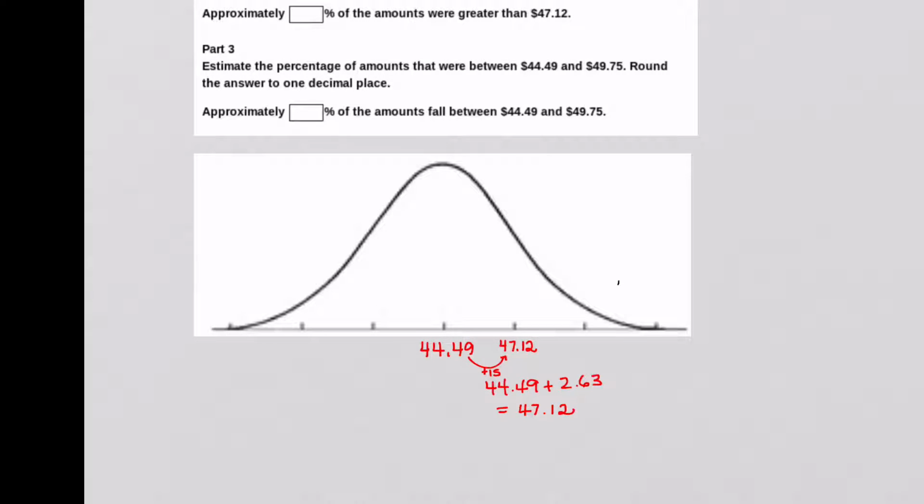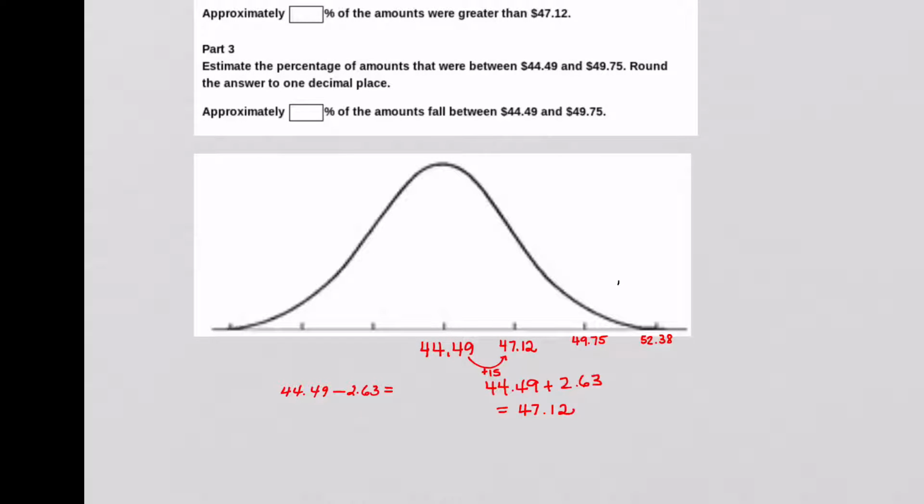Now I'm going to fill in the other amounts. We've got $49.75 by just adding another $2.63 to the previous value we just found. And then $52.38 by adding $2.63 to $49.75. Now, I'm going to go to the other end of the distribution, and I take the $44.49 and I subtract $2.63.